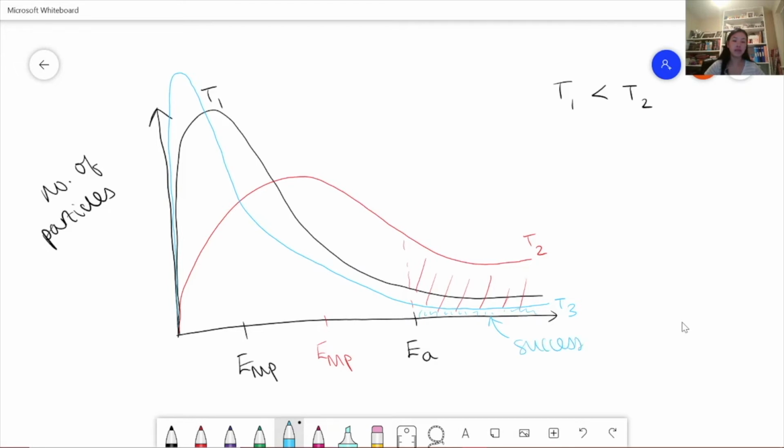Successful particles that collide. So these are the only ones that can actually react. And so this most probable energy is then decreased as well. So lots more of the particles actually don't have the activation energy required. And so we have that T3 is smaller than T1.